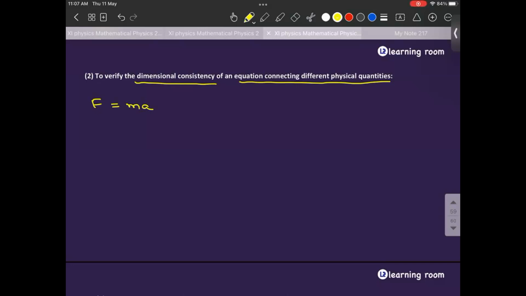So if this kind of an equation is possible, then it is supposed to be dimensionally consistent. Meaning of it is the dimensional formula of F should be equal to the dimensional formula of M multiplied with the dimensional formula of A. Okay.